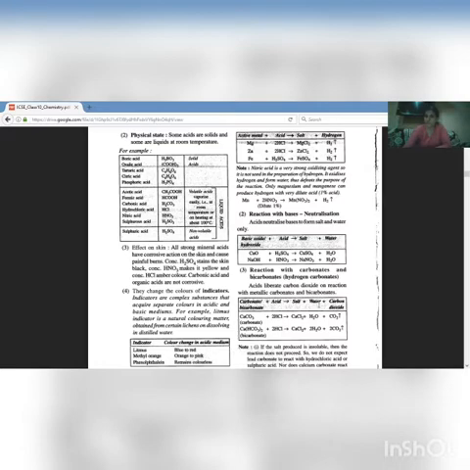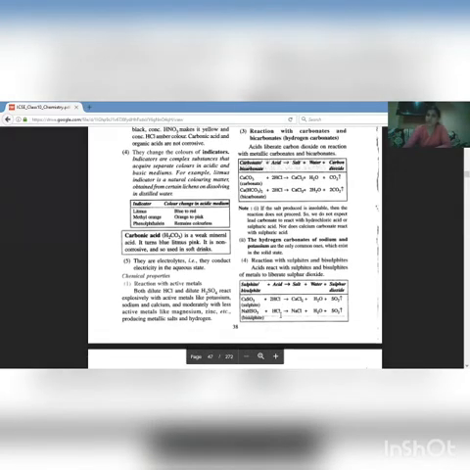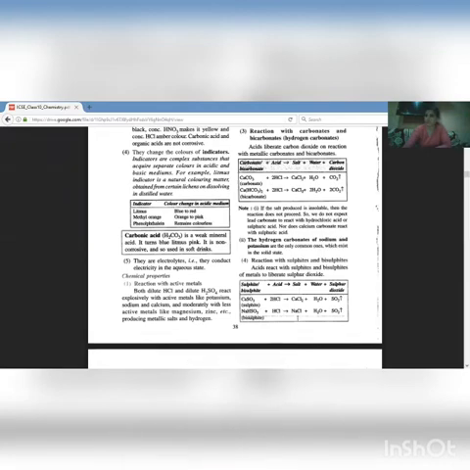Third, reaction with carbonates and bicarbonates. Whenever carbonates and bicarbonates react with an acid, there will be a formation of salt, water, and carbon dioxide. Carbon dioxide gives colorless effervescence and turns lime water milky. Next, reaction with sulfites or bisulfites. Whenever sulfites and bisulfites react with HCl or any acid, there will be a formation of salt, water and sulfur dioxide.